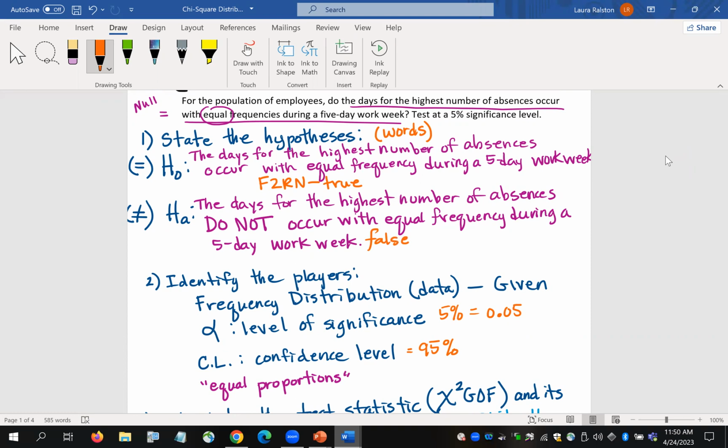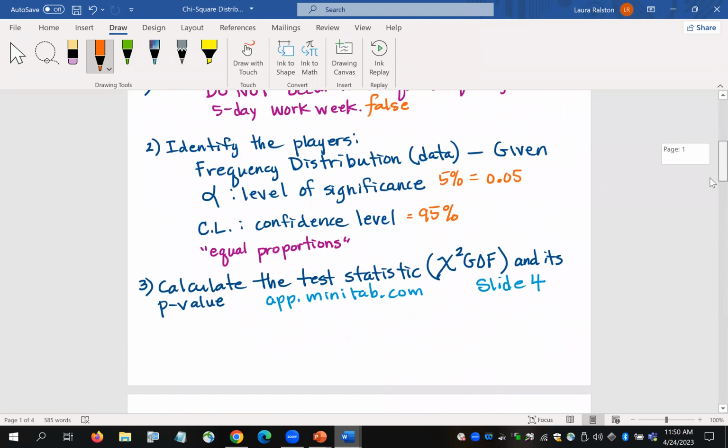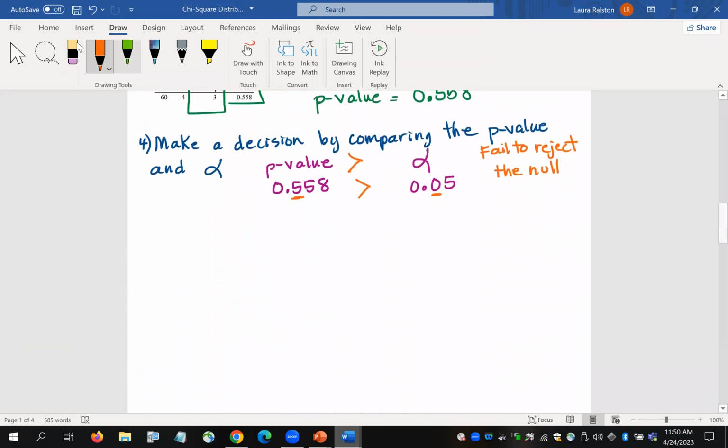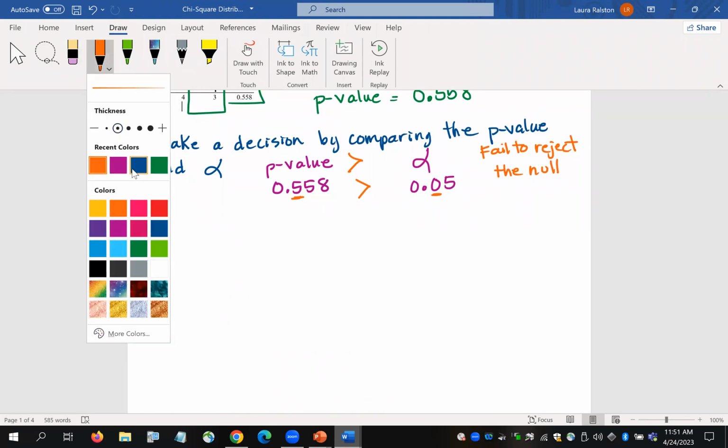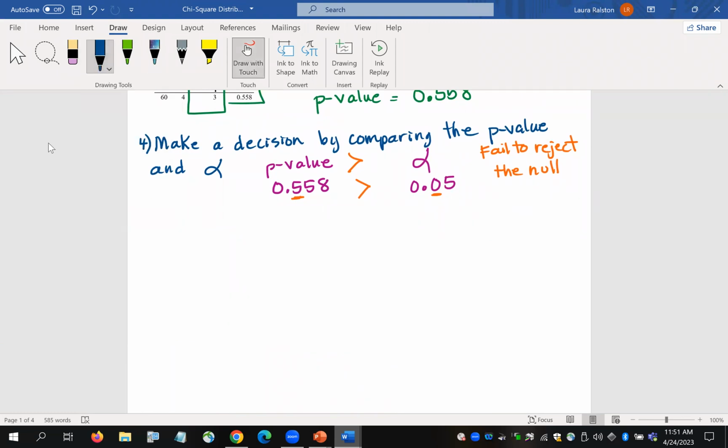So based on the evidence that we have, the days for the highest number of absences do occur with equal frequency during a 5-day work week. So we're going to say that. That's the last step in any hypothesis test, is to write the conclusion.